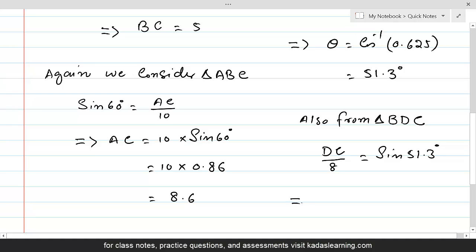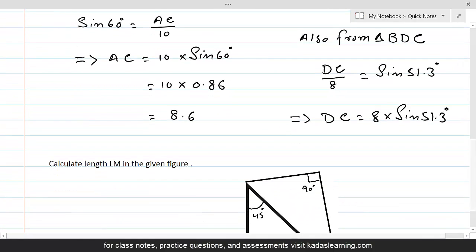This means DC is equal to 8 times sine of 51.3 degrees, and sine of 51.3 degrees is equal to 0.78, and upon simplification this gives us 6.24.